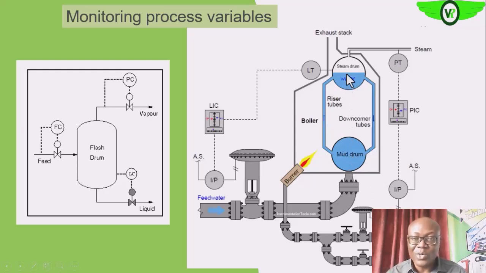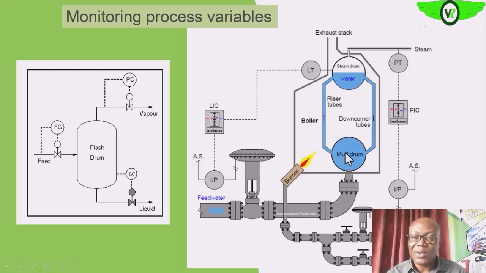So as more steam is generated, the water level comes down, this level sensor senses it, sends signal, the valve opens up and adds water to the boiler drums. So that is the level at that stage.